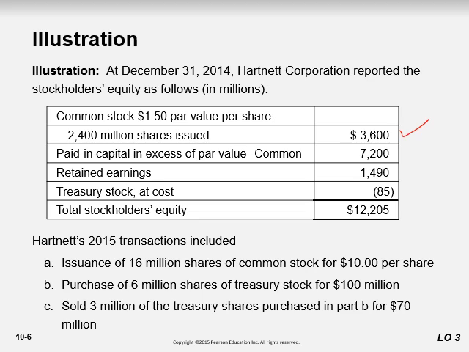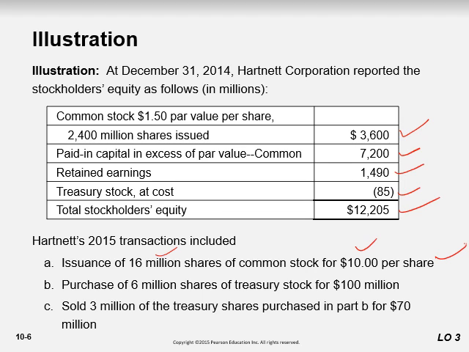Common stock worth 3,600 million, paid-in excess of value of common stock, the premium on common stock, retained earnings, treasury stock 85 million, and total equity 12,205 million. Number one transaction is that they issue more, which is 16 million.